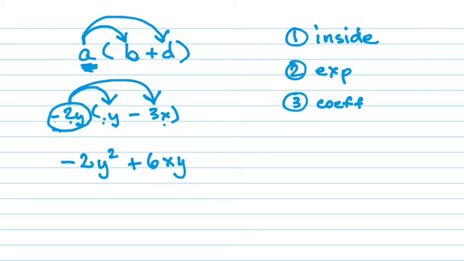Good. So now what we're going to do today is we're going to take it up a notch. And we're going to look at what happens when you have a bracket as a coefficient. Okay? So in other words, we're going to look at what happens when you have an entire bracket times another bracket. Right? And again, it doesn't matter how many terms there are inside, the process is always the same.